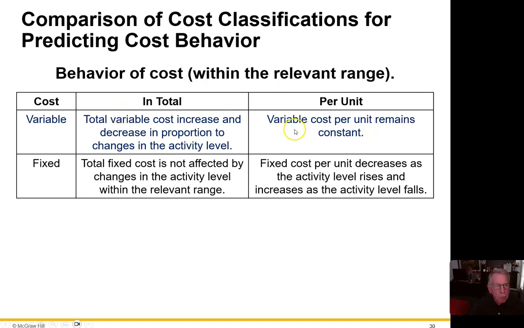So variable cost per unit remains the same, whereas fixed cost, the total fixed cost, is not affected by changes in the activity level within the relevant range. But the more we make, the fixed cost per unit will decrease as that activity level rises and increases as the activity level falls.